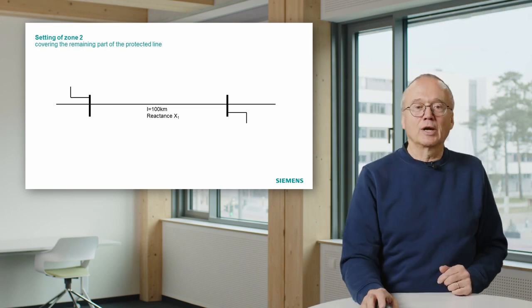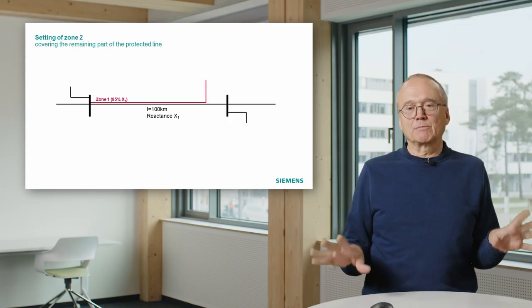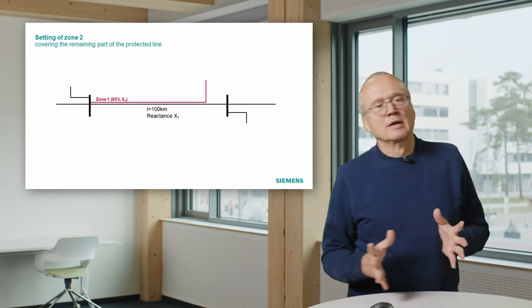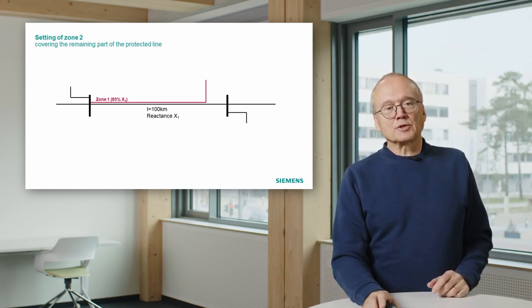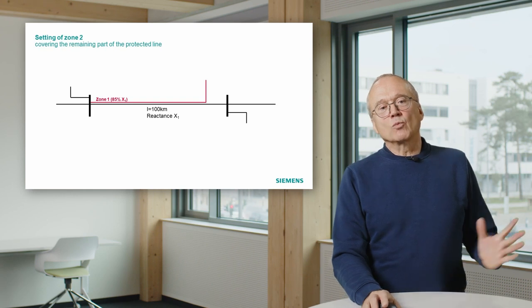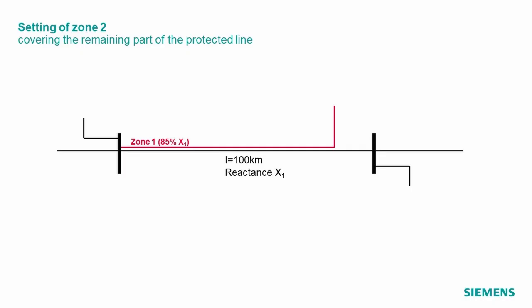This shows again our line. In this case, it's a 100-kilometer line. And this indicates now the reach of the first zone. Remember, if we again forget about measurement errors, if we assume we have no measurement errors, the first zone of the left relay would cover 85% of the line.